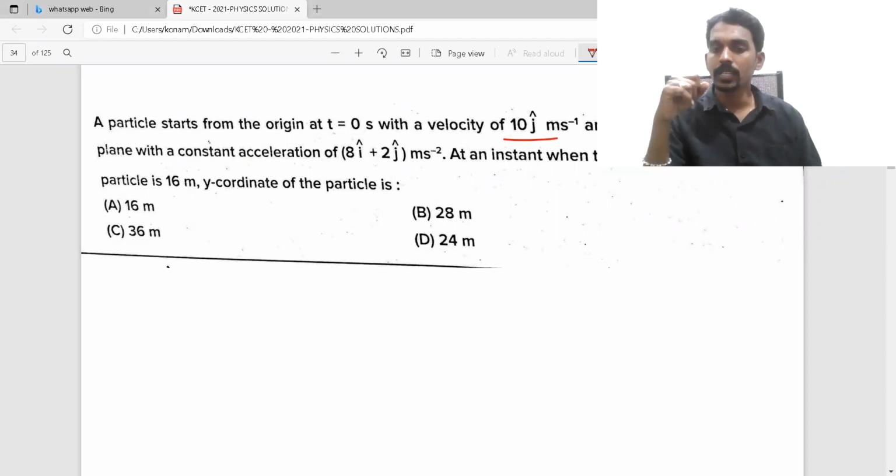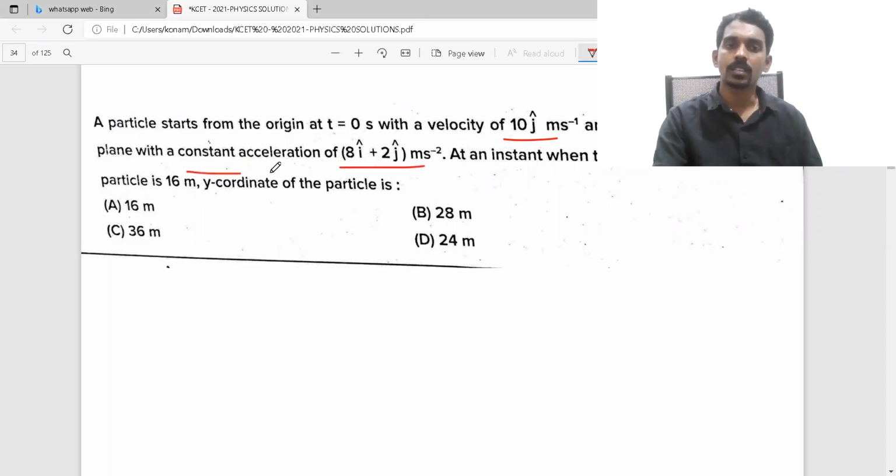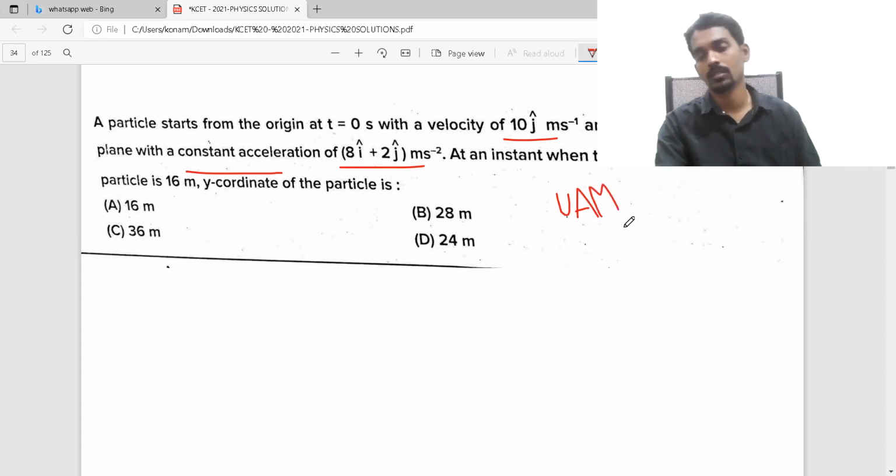So now the question is motion in a plane with acceleration, but it is constant acceleration. Constant acceleration means it must be uniformly accelerated motion, no doubt.